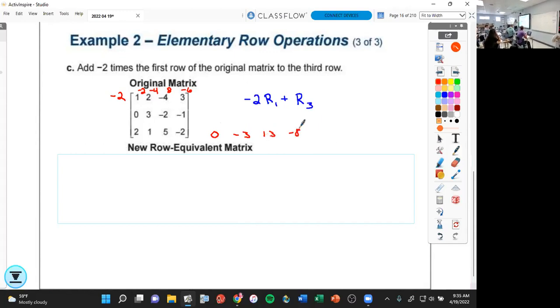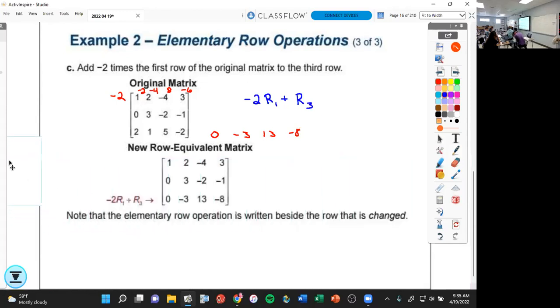Does that make sense? -6 and -2 is -8. Okay. Row 1 stayed the same. Row 2 stayed the same. Row 3 changed the numbers that we had.